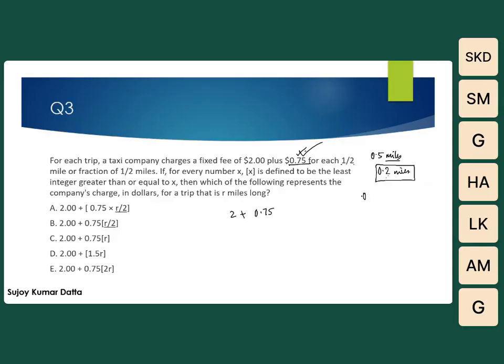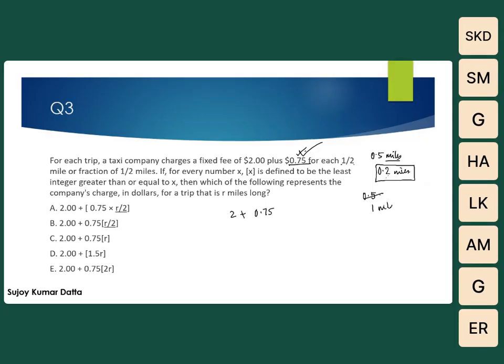Say again, you travel 0.5 miles, you pay 75 cents. If you travel 1 mile, then you would have paid 75 cents times 2, so $1.50. But if you did not travel 1 mile, but instead you had traveled, say, first 0.5 miles and another 0.3 miles, that means you traveled only 0.8 miles. That means for the first part you paid 75 cents.